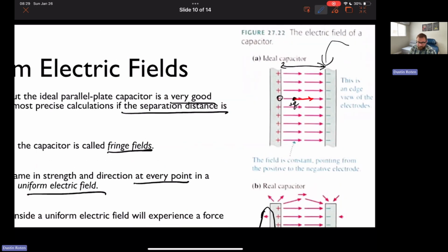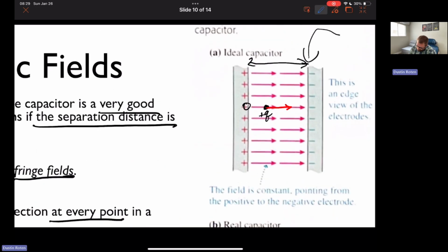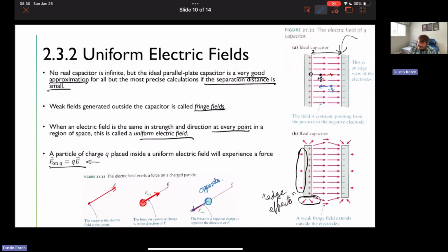So had we come up here and dropped in a negative charge Q, obviously it's the same as the negative charges on the plate on the right. So it's going to travel against the grain, so to speak, and go in the opposite direction of the electric field.